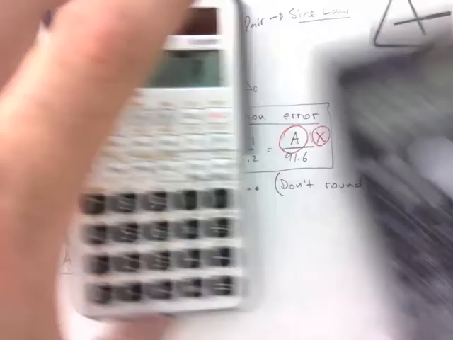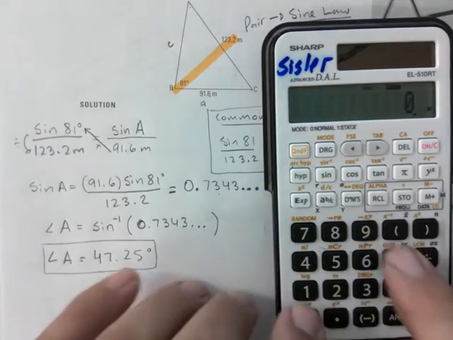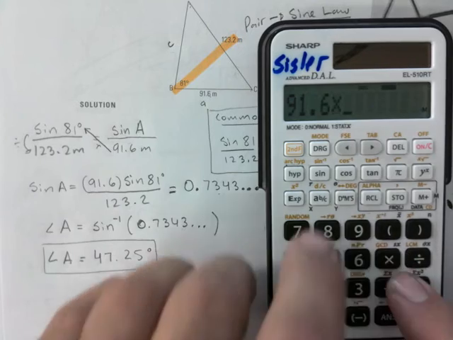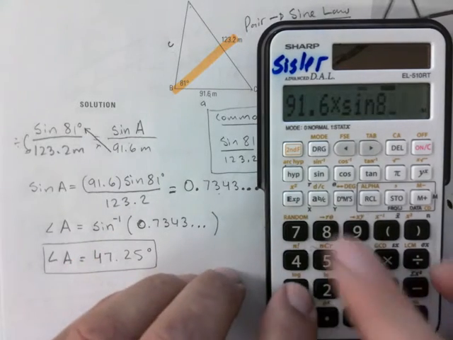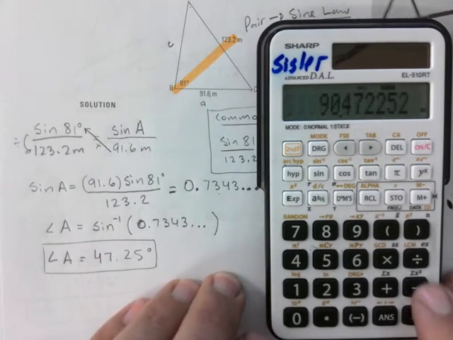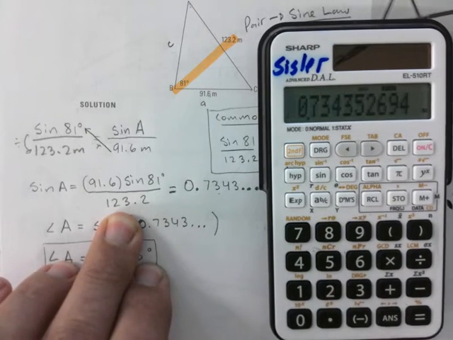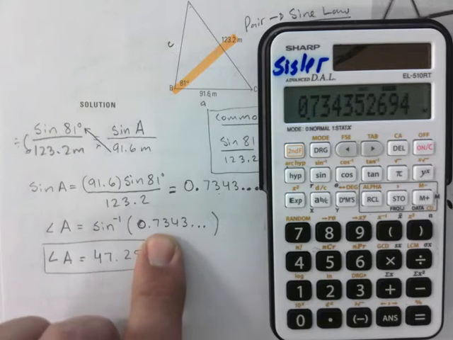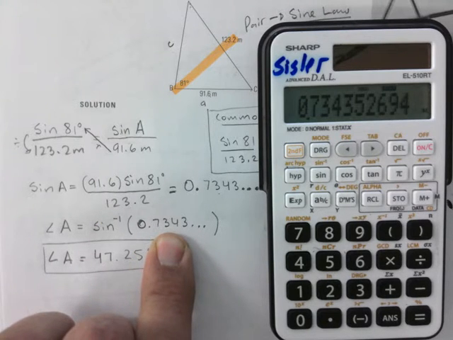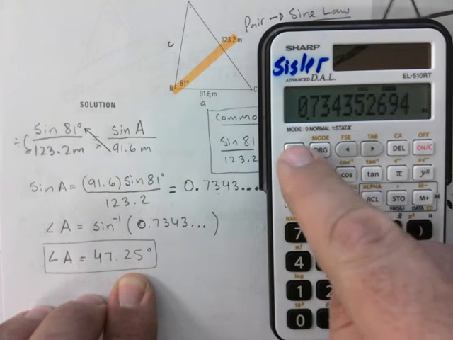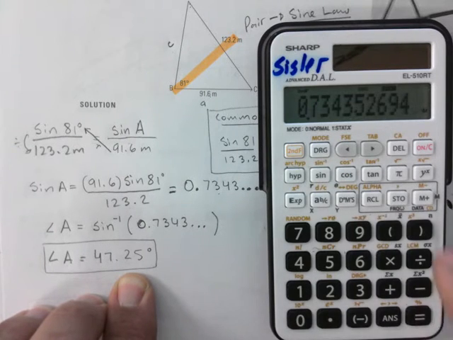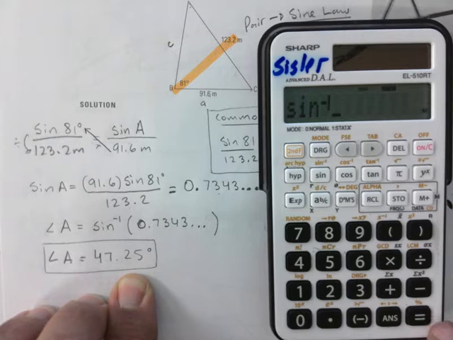Okay, so watch this. Second round, 91.6 times sine of 81 equals, I'm going to divide that by 123.2 equals, I get the same number as I had before. Then I'm going to go second function, sine, and let's see, this guy might complain.